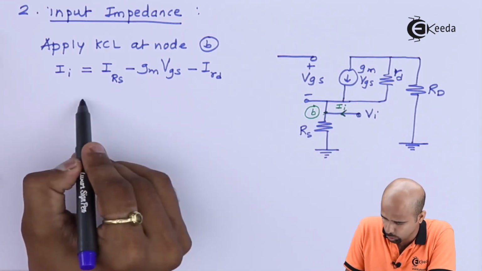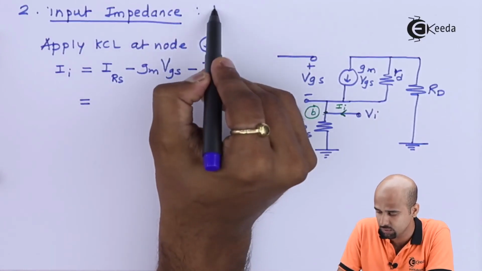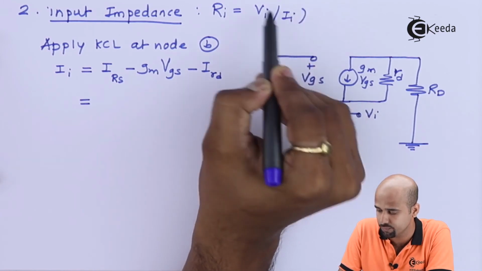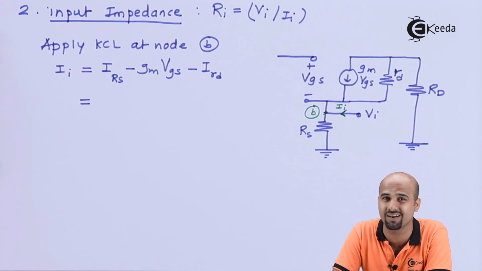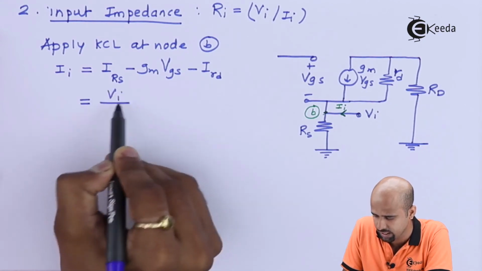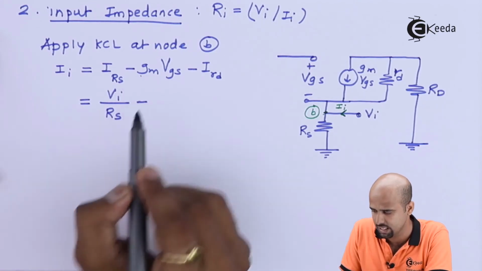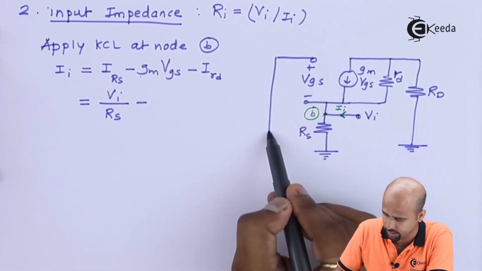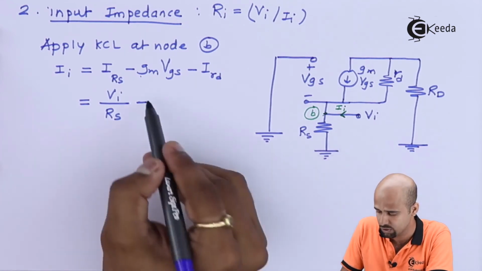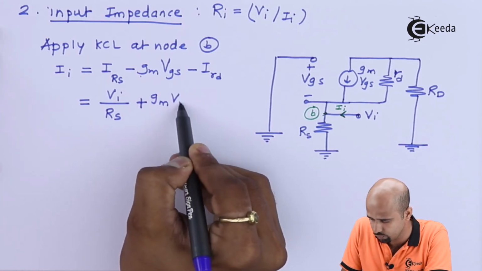We'll go through this and open up each and every term such that we will get the input impedance in the form of Ri equal to Vi divided by II. So we want only two parameters and the rest constant in our equation. IRS is nothing but Vi divided by Rs. Is that clear? Yes. Minus GMVGS. Now as I know this is a CG amplifier, this gate is connected directly to ground, so VGS is nothing but minus of Vi. So minus will become plus GM into Vi.